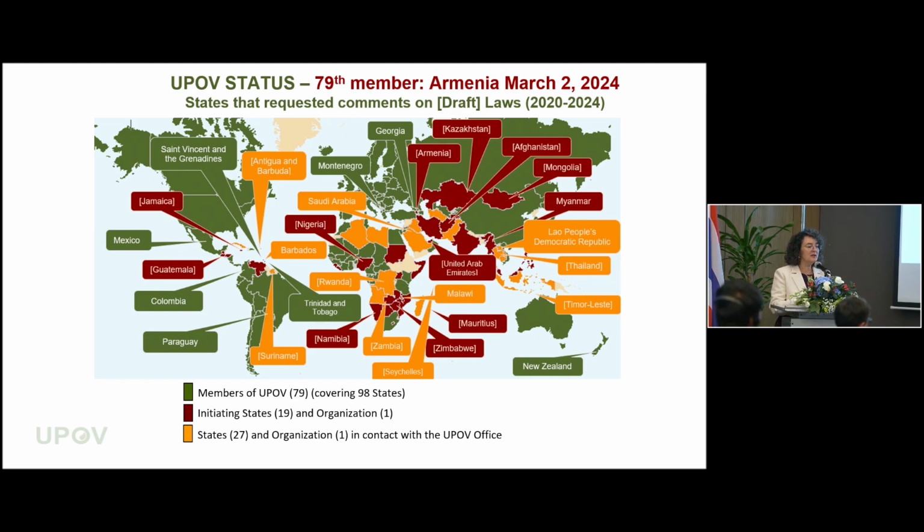You can see in brown those countries that recently, covering only 2020 to 2024, the most recent four years, have been active in requesting the advice of the UPOV Council on the examination of their laws.